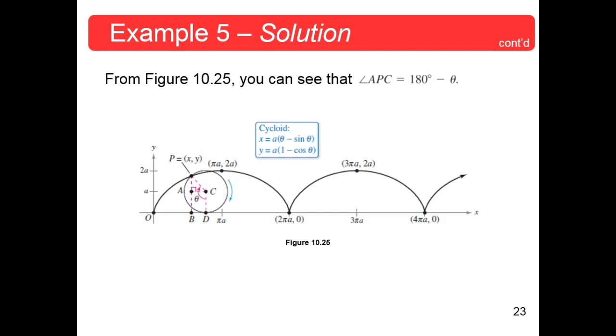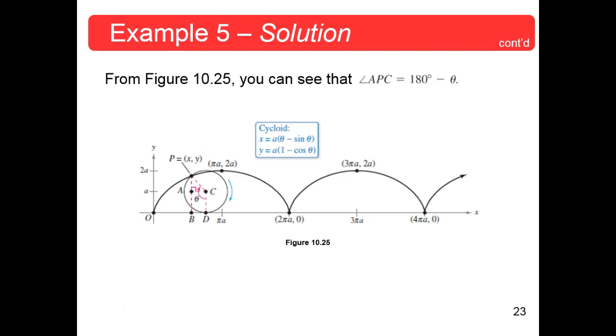Okay, so there is that. Where you get all the way to here, the point that started here has rolled up, is now on top, and that's the maximum it'll ever get, 2a, because after that it's going to start coming down.